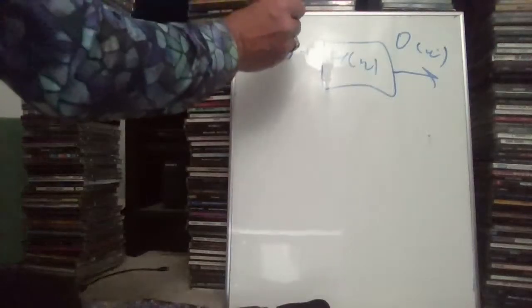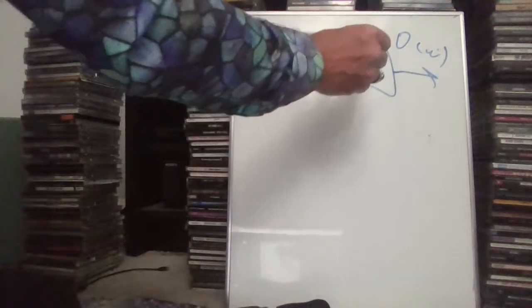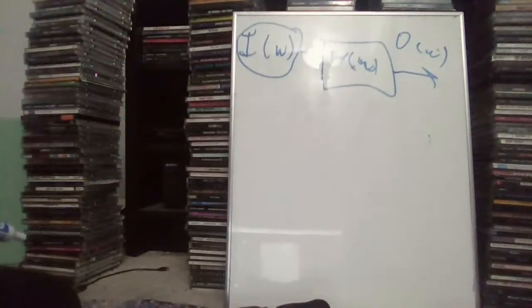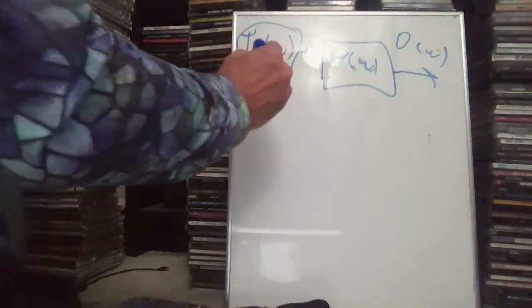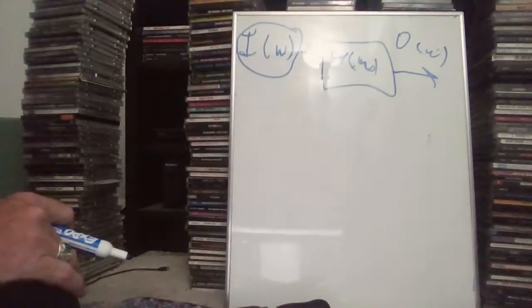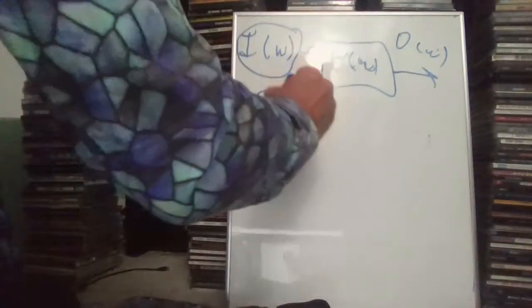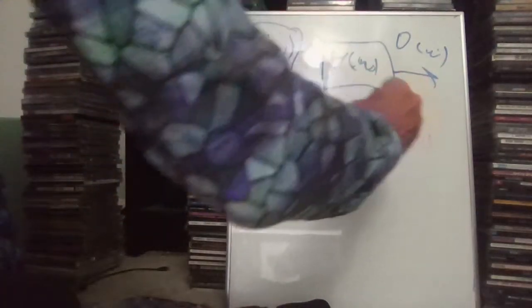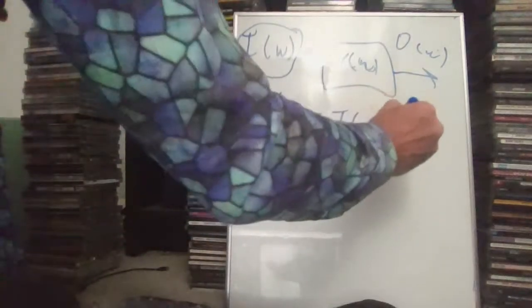If I change the input function to frequency domain and I change the transfer function to frequency domain, then this beautiful thing happens where what I just said actually becomes true: the output of omega equals the input of omega times, I'm going to put a dot, H of omega.